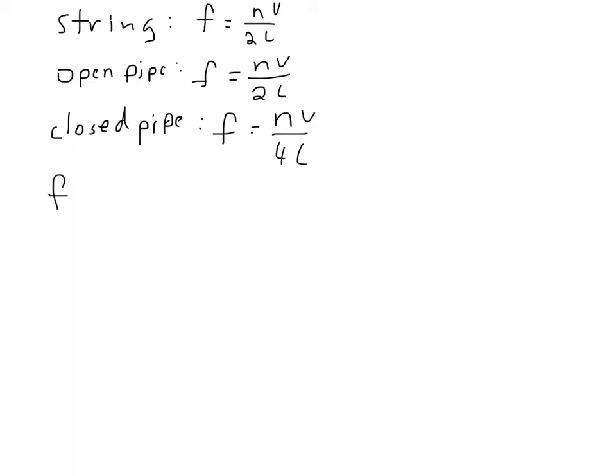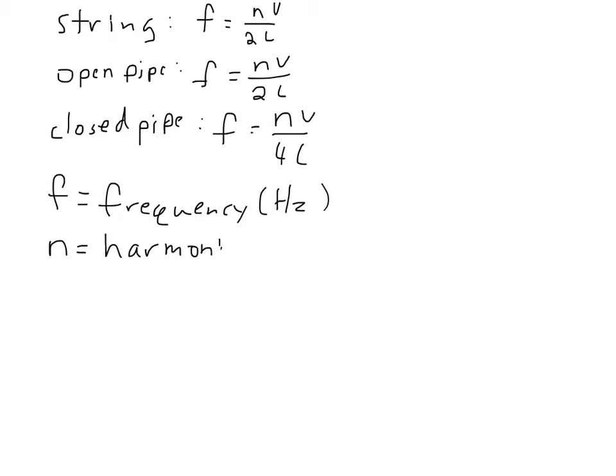And F here is the frequency, measured in hertz. N is the harmonic number, and assume that's 1 unless it specifies otherwise. V is the velocity of the wave.